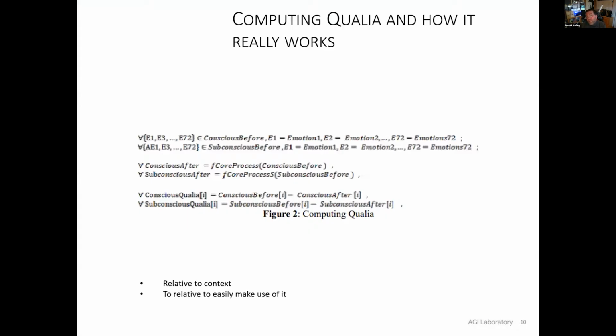So inside the system, I would argue that you can compute qualia. We don't actually use that in the system per se, but the problem with this computation, when you're taking these different sets and computing a quote unquote qualia, is that it's context specific. So the only way to represent the internal experience of the machine is based on the current state of the context database.